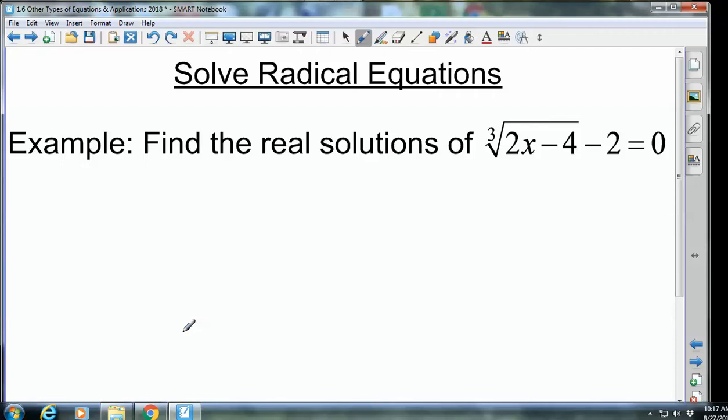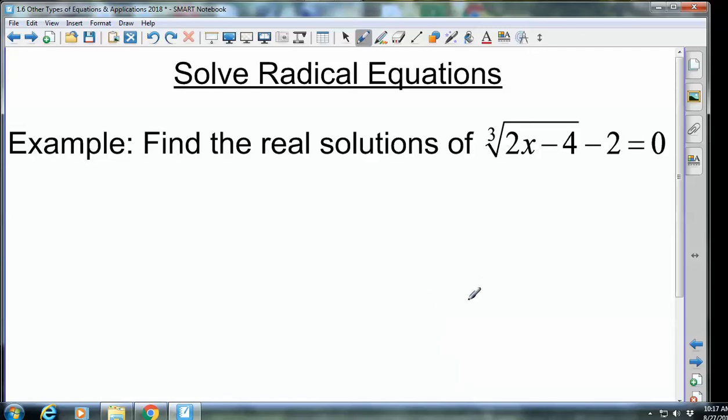Let's say I asked you to find solutions to this. When you solve a radical equation, the very first step is to isolate the radical part.